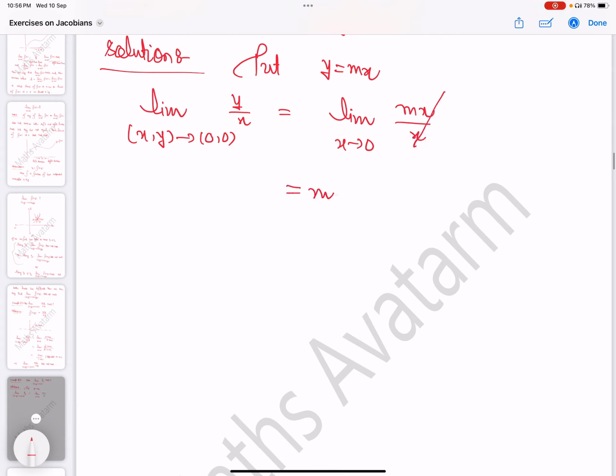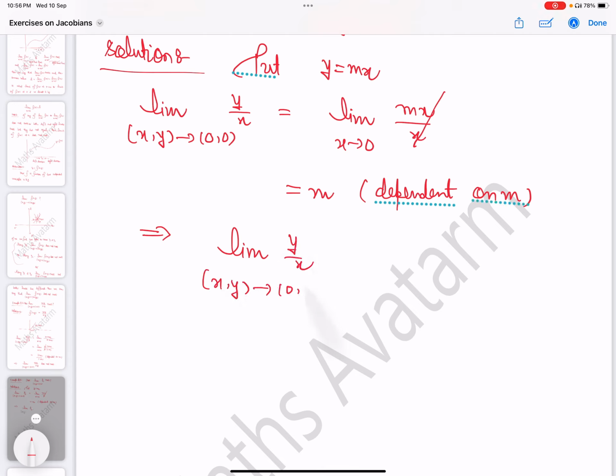So again this is dependent on m. If we take two different m, we have two different such curves and the limit we are getting differently. So this implies the limit of y upon x, (x, y) tending to (0, 0), does not exist.